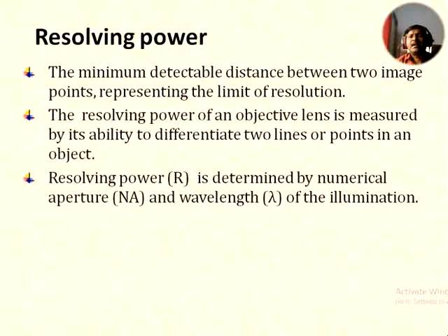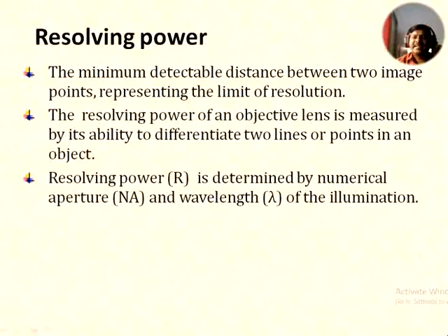Here numerical aperture is denoted by capital NA, and the wavelength of the illumination, that means the light, is denoted by lambda.